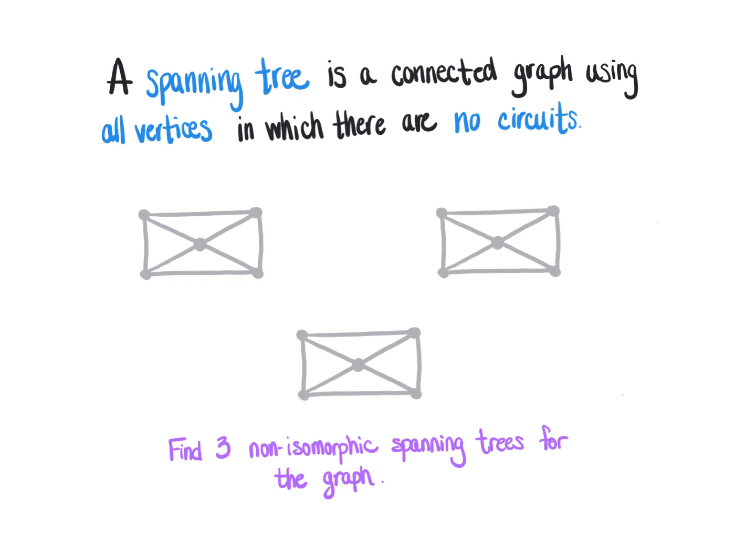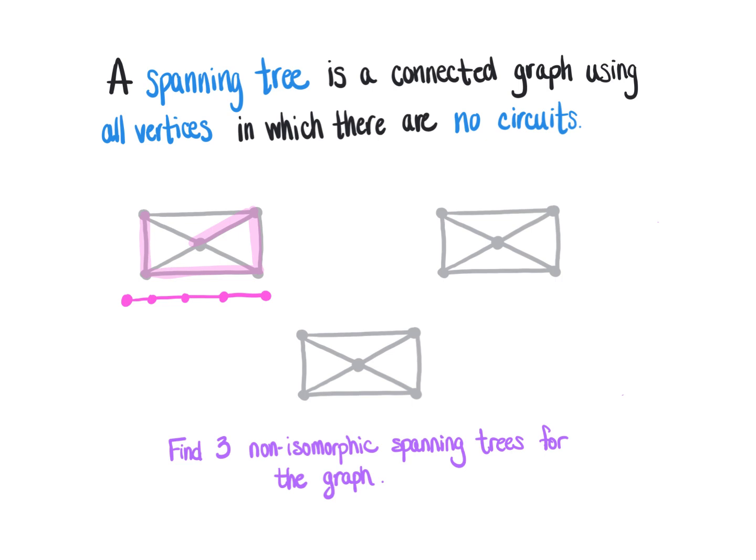Okay, so with the first graph, one of the ways that we might find a spanning tree is to connect these 2 vertices here on the left and then go across, go up, and then go to the middle. Okay, so that is one possible spanning tree. All the vertices have been used and there are no circuits. Now, one of the things that will be important to note is that structurally, if I was to take that spanning tree and just unfold it, it would look like one big line.